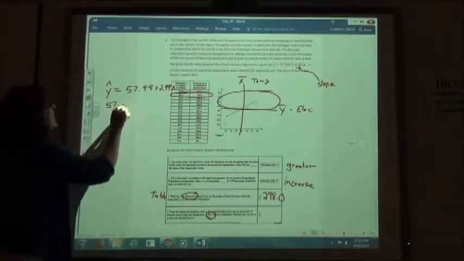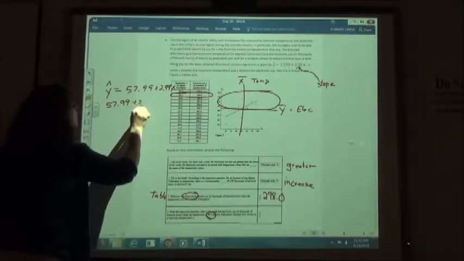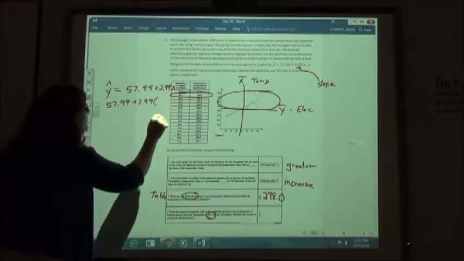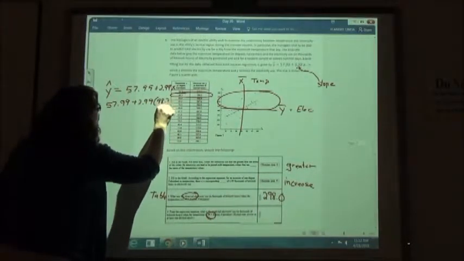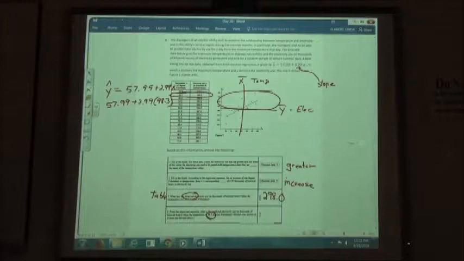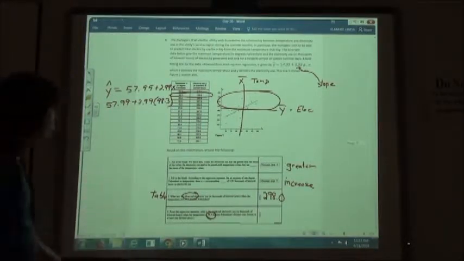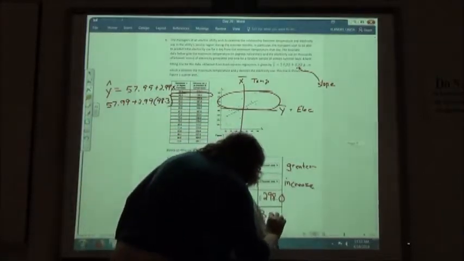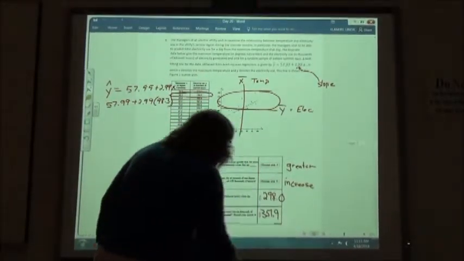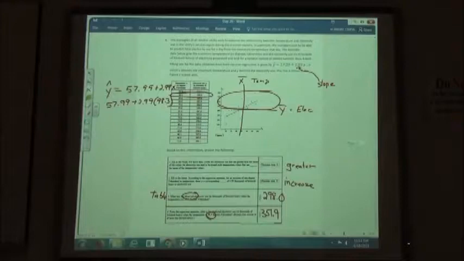So I'm going to do 57.99 plus 2.99 times my 98.3, just plugging that into my regression equation. Again, we're rounding our answer to at least one decimal place. So if you take 57.99 plus 2.99 times 98.3, I should come up with 351.9.